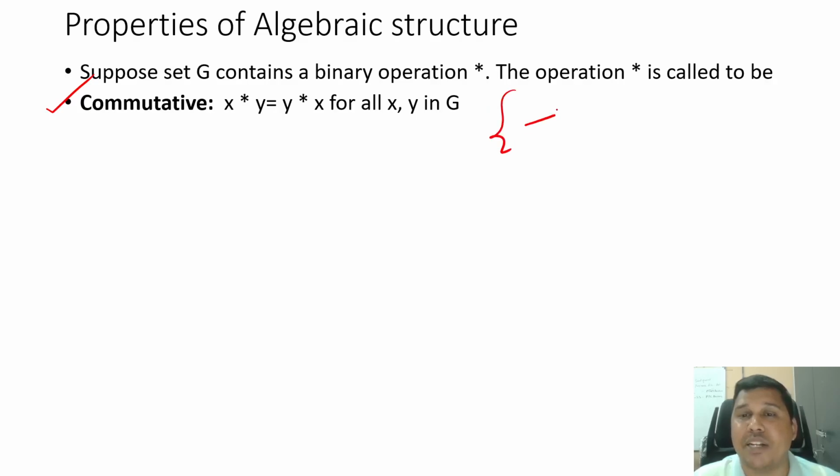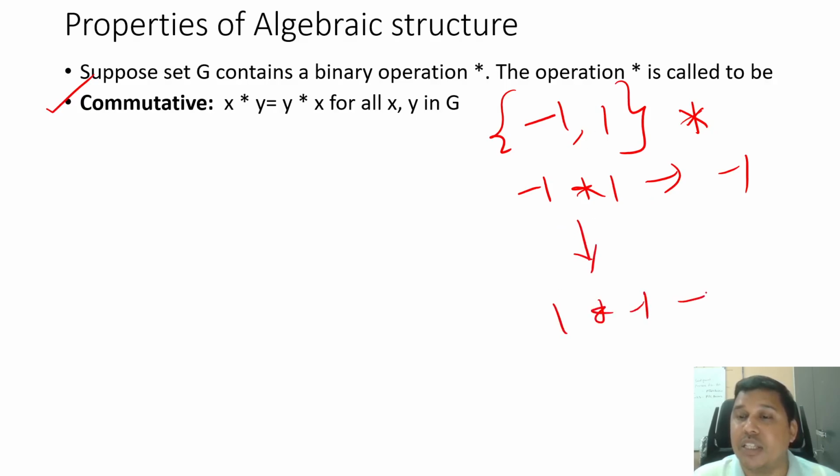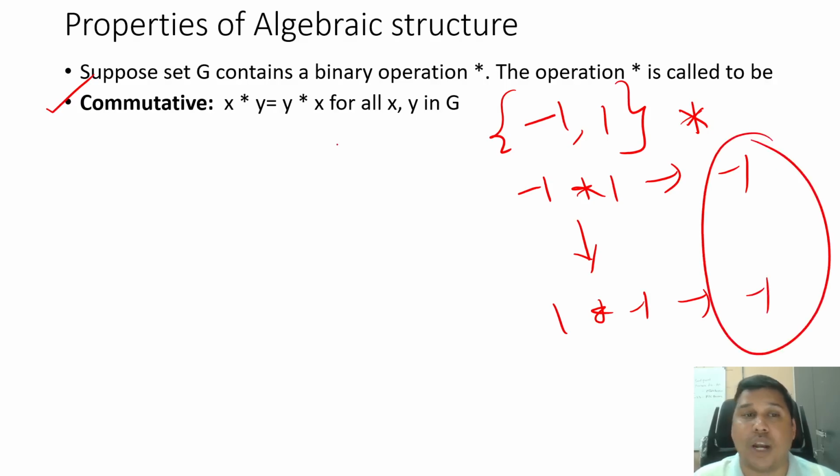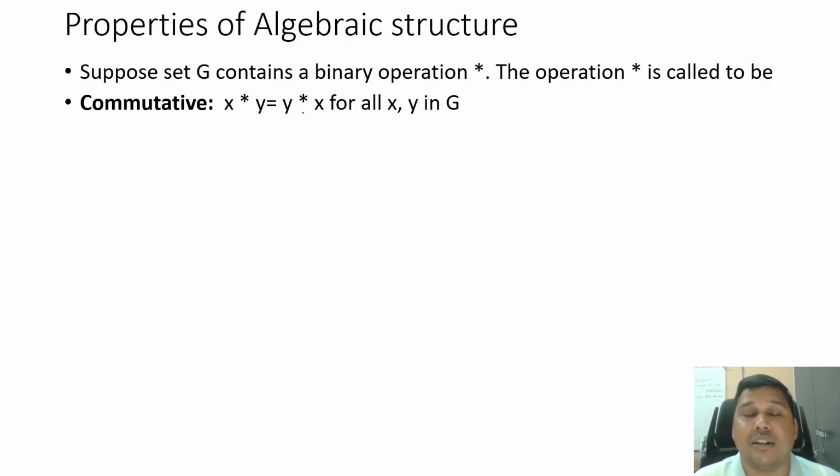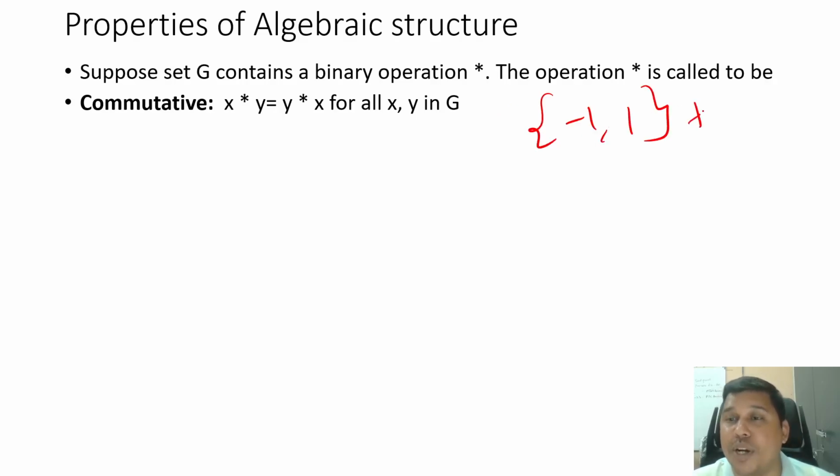If there are two elements -1 and 1 and the operator is multiplication, -1 into 1 yields -1, and 1 into -1 is also -1. Both are equal, so we say the set {-1, 1} satisfies the commutative property over multiplication.